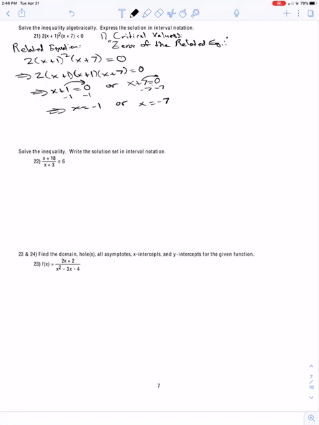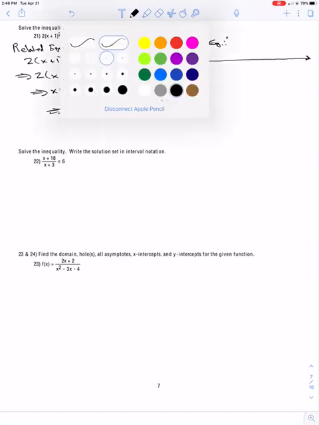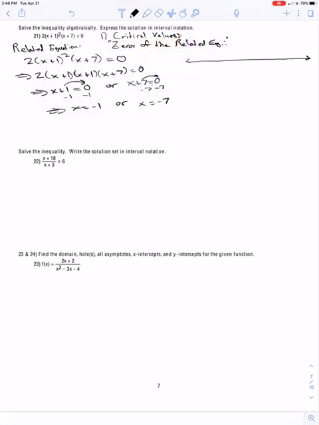So with that said, you can look at these critical values and form your test intervals. So in this problem here, again, the critical values are the 2 numbers -1 and -7, the zeros of the related equation.